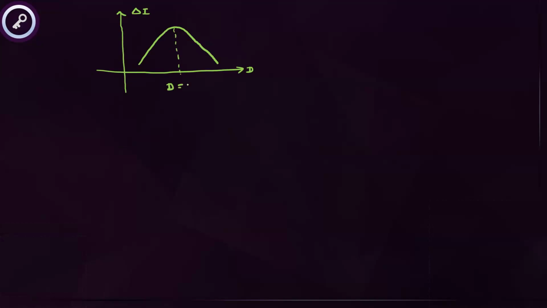What is this maximum ripple current? Vs by 4fL. What is the maximum duty cycle? 1. Then what is the observation here, friends? For 0 less than D less than 0.5, up to duty cycle 0.5, if duty cycle increases, the ripples also increase.